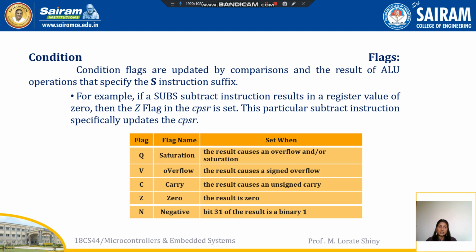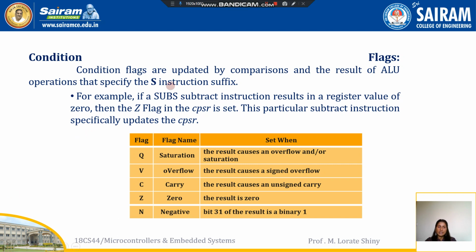Condition flags. In the condition field there are condition flags. These are updated by the comparison and the result of ALU operations, whenever the instruction is specified by the S suffix. So in whichever instruction there is an S suffix, that instruction will update the condition flags based on the result of that particular instruction.